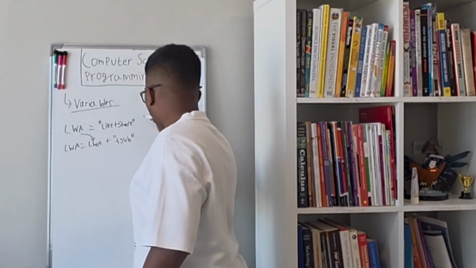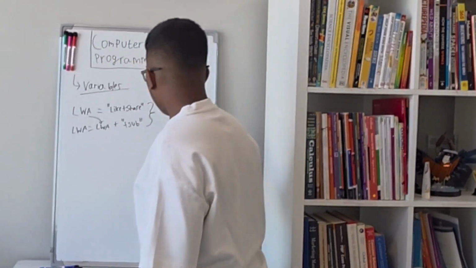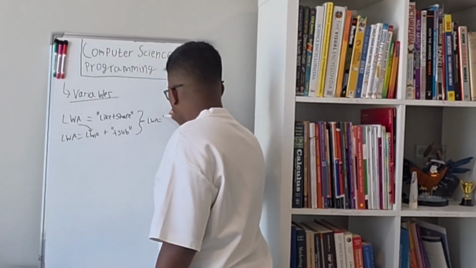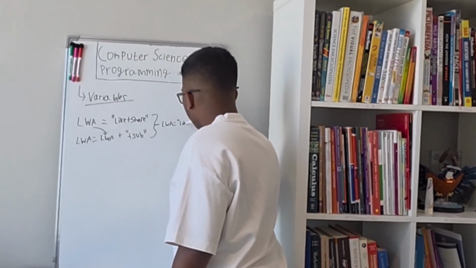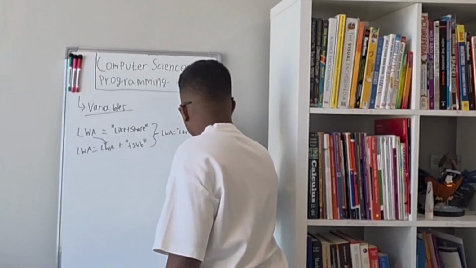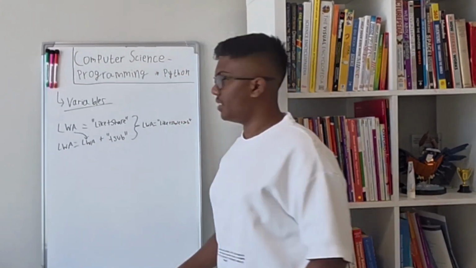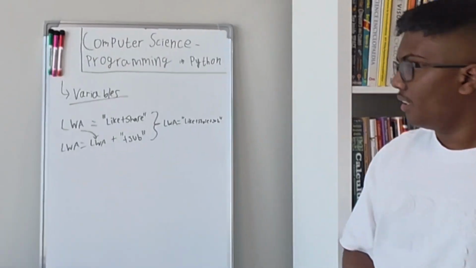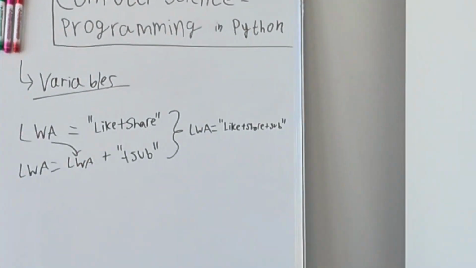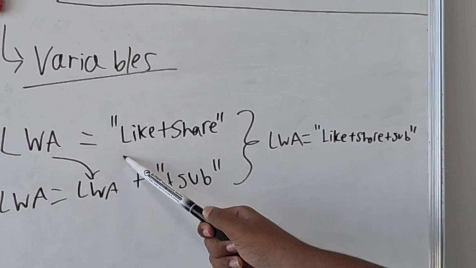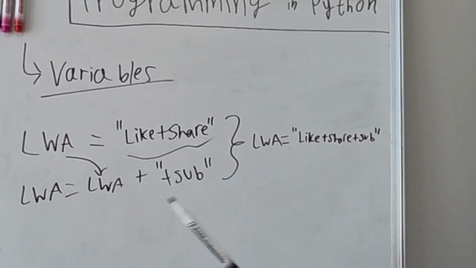So then in this case, we would get the new value of LWA as like plus share plus sub. You see here? So let me explain this again. The old iteration of LWA is like plus share.